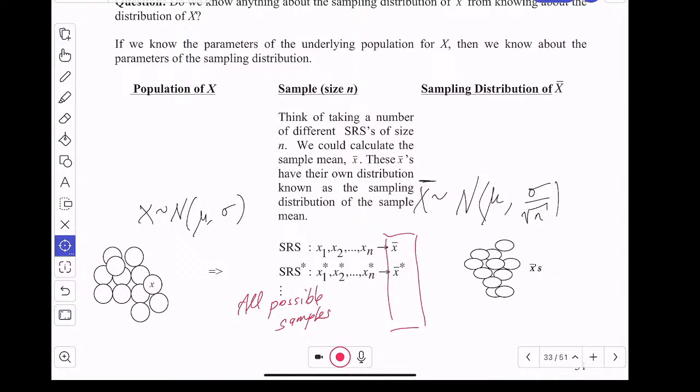So what if we don't know that the distribution is normal? What then?